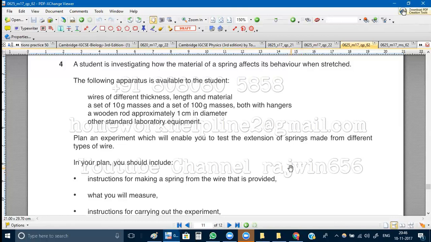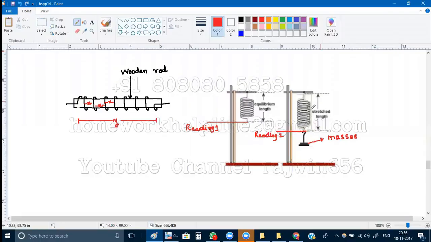I'll give you some time to think and try to make a plan on your own. You can just draw that diagram and then I will begin with the explanation. Just draw both of those diagrams, then we will proceed further.